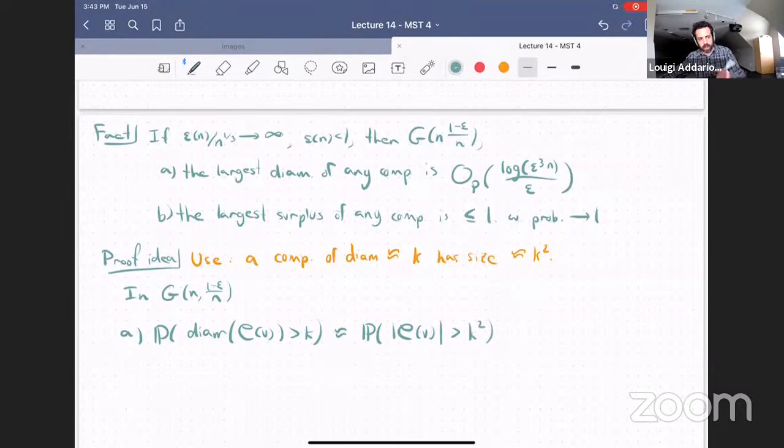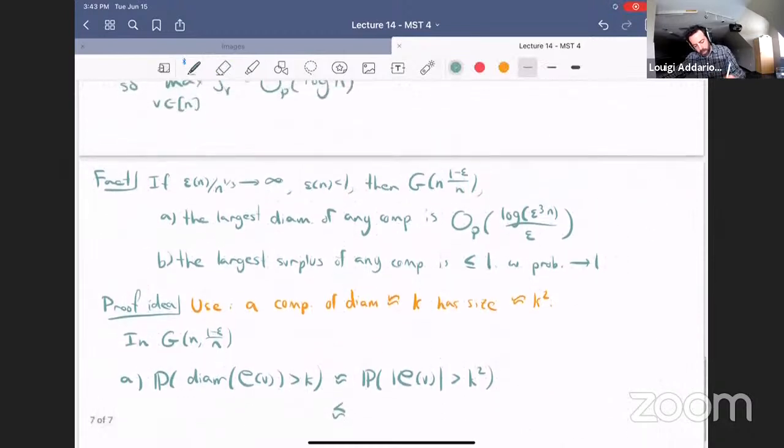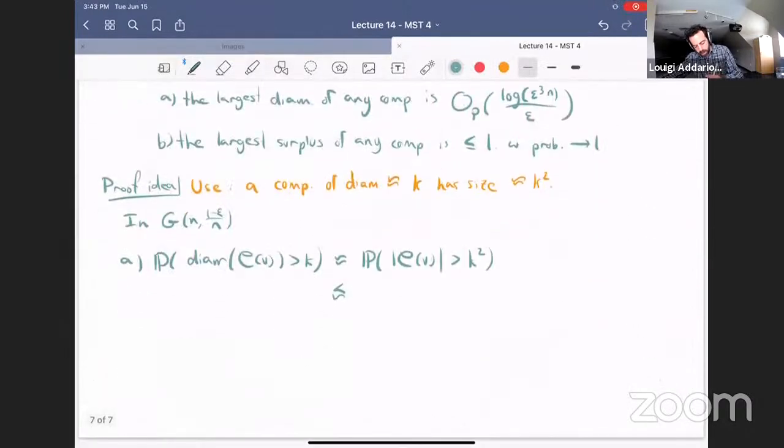Now just using the coupling with Poisson Bienaymé trees, we know that that's at most the probability that a Poisson(1 minus epsilon) Bienaymé tree has size bigger than k squared. Okay, and we've seen a bound on this term, but let me use that in a second.